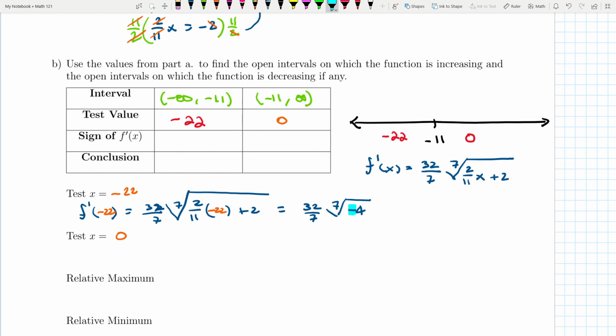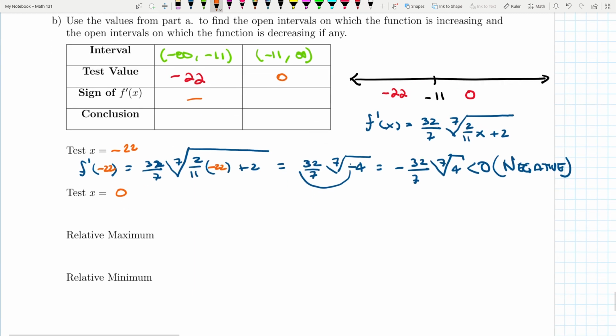And so for the 6th root, the 8th root, 10th root, 12th root, etc., all even. However, for cube roots, 5th roots, 7th roots, like the one that we have here, we can do it. And when we evaluate this, it doesn't matter what the value is. Ultimately, we can take out this negative, and whatever that value is in decimals, we don't care actually. This is a negative number.